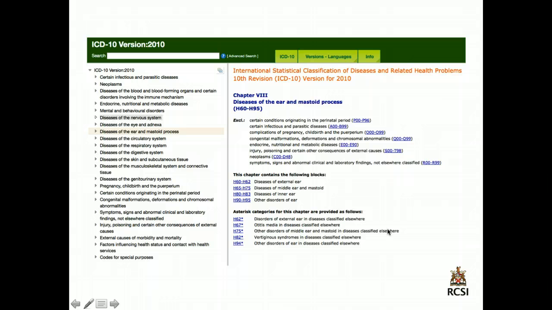And we can go down even further if we wished. You're not supposed to know these codes. They would be applied by a computer system or people who code in administrative departments in bigger hospitals. But you can see even down this side, diseases of the nervous system, eye, ear, circulatory, and so forth and so on. There is a vast range of classification.